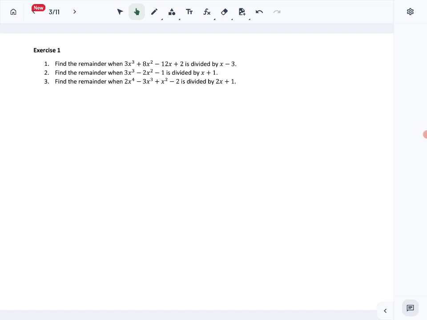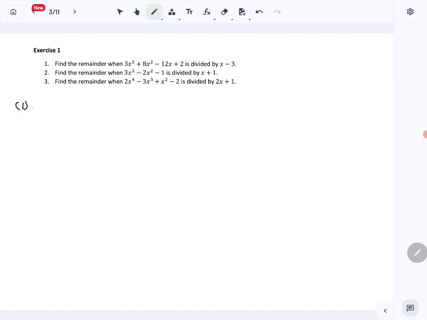Okay. Now, let's do a couple of examples. Look at exercise 1. We want to find the remainder when this polynomial is divided by x minus 3. So we can use the remainder theorem.